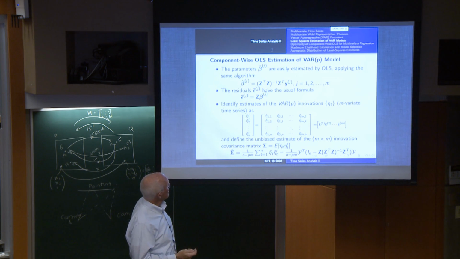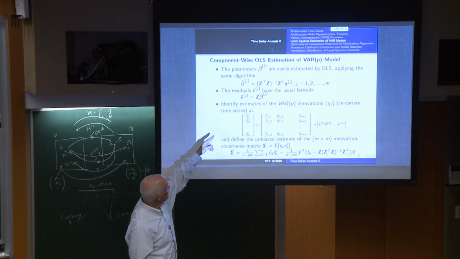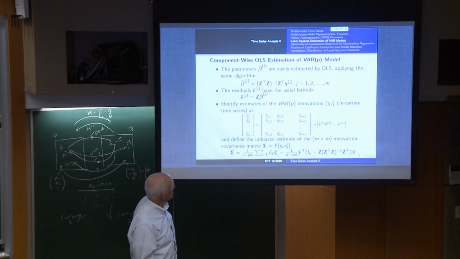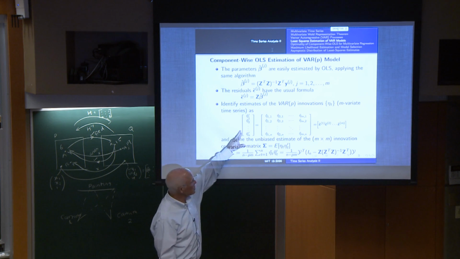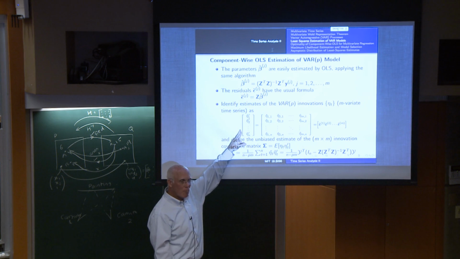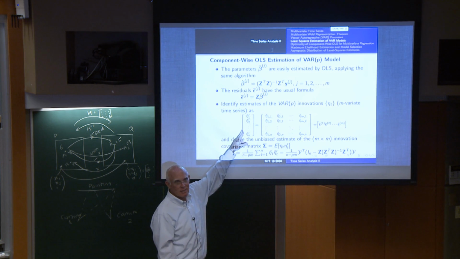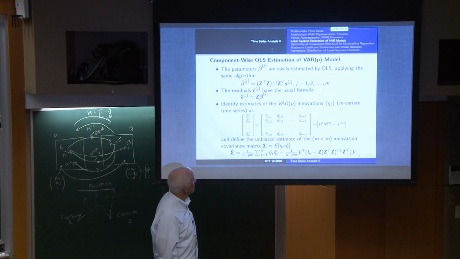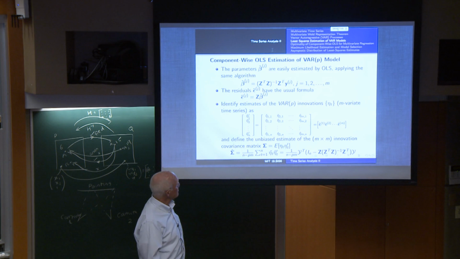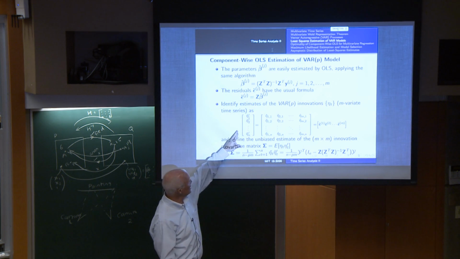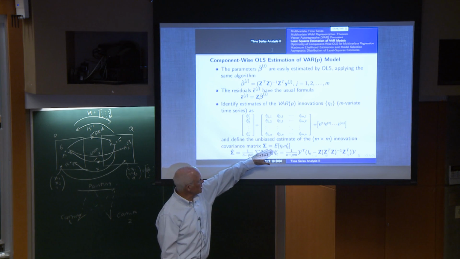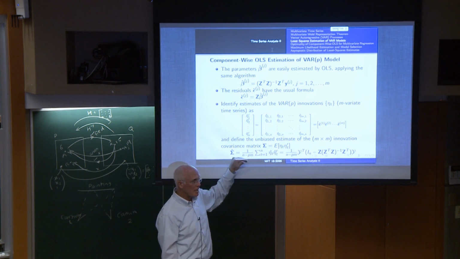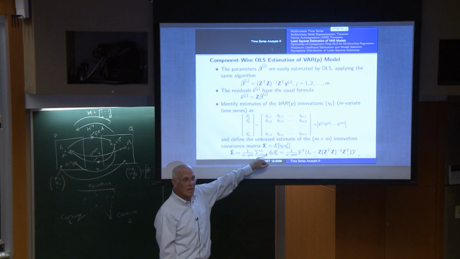And if we did this for each of the component series j, then we would actually get sample estimates of the innovation process, basically the whole eta series. We could define from these estimates of the innovations our covariance matrix for the innovations as the sample covariance matrix of these etas.